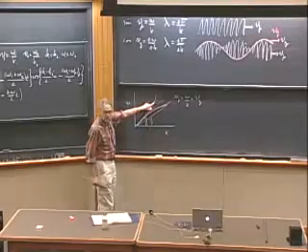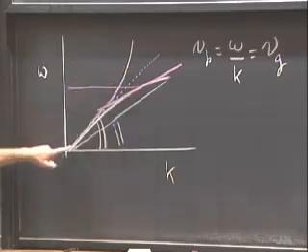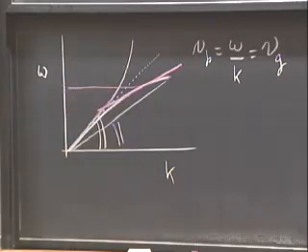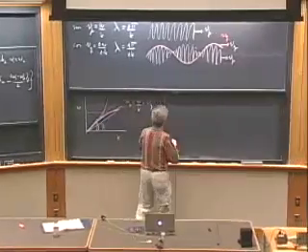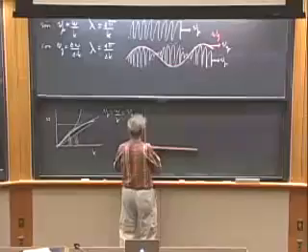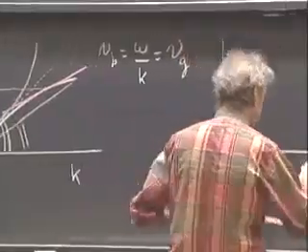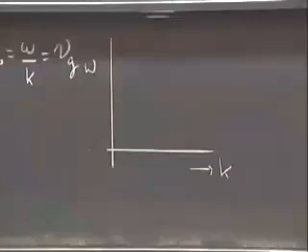Pick any point here and you will see that the tangent has a higher slope than the line straight through here. So the group velocity at any point is larger than the phase velocity. It is even possible in physics, but it is a rare case, that you have this situation. And I will demonstrate it to you, but it's a computer simulation, so it's always easy to do that on a computer.